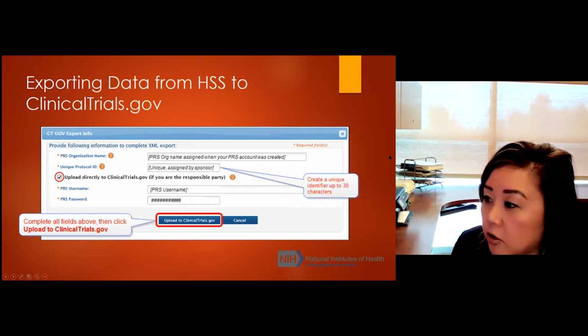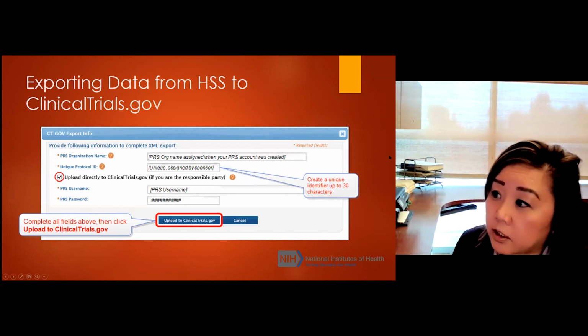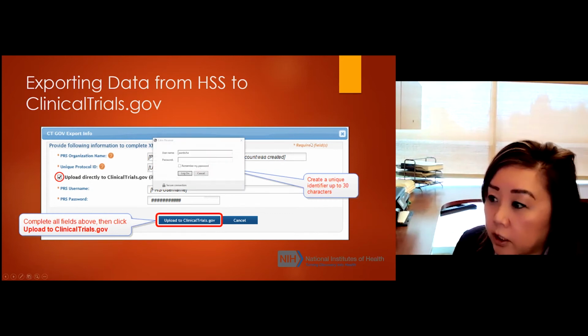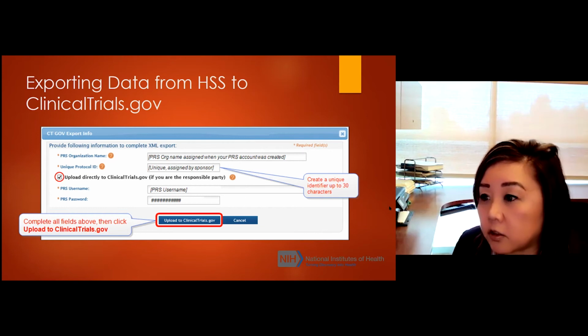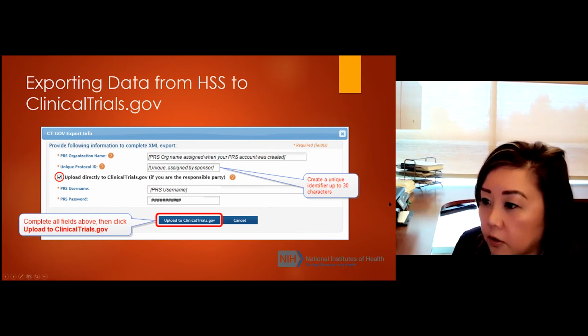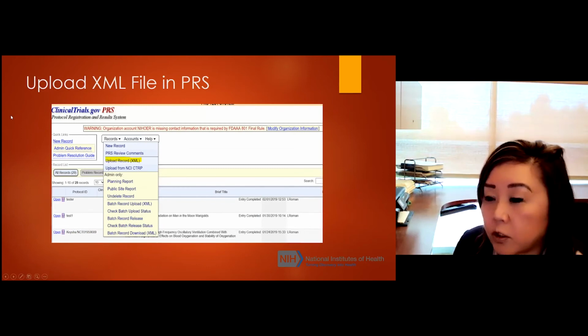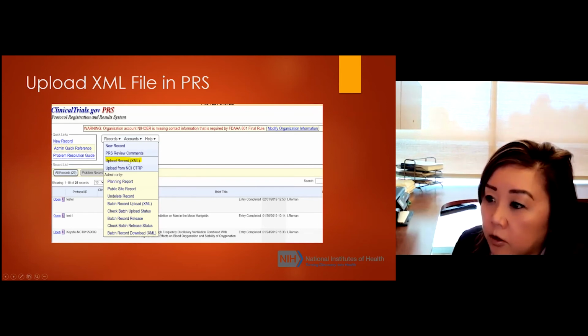And then there is also a way to export data from the NIH HHS system to clinicaltrials.gov. This is what the screen will look like in terms of requesting to export the information from NIH ASSIST into clinicaltrials.gov. Once you export that information in HHS, you'll go into PRS and upload the record as an XML file.